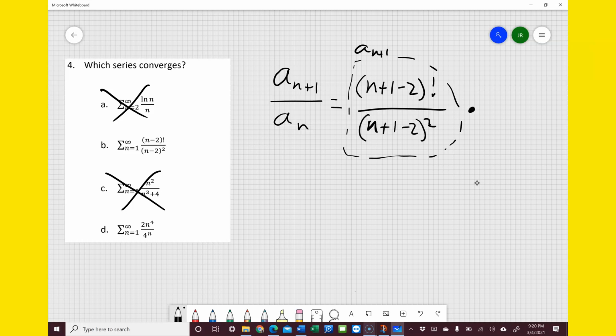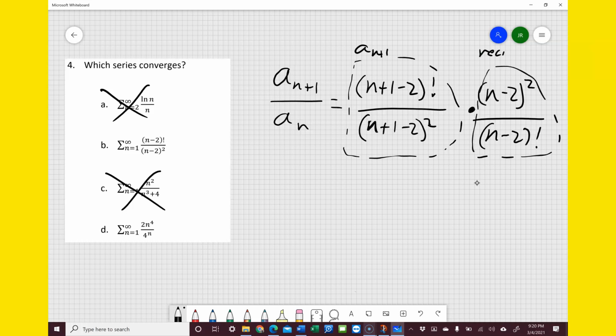And A sub n would be n minus 2 factorial over, oh, I forgot, I'm flipping it. So this is n minus 2 squared over n minus 2 factorial. And this whole thing right here is the reciprocal of A sub n.